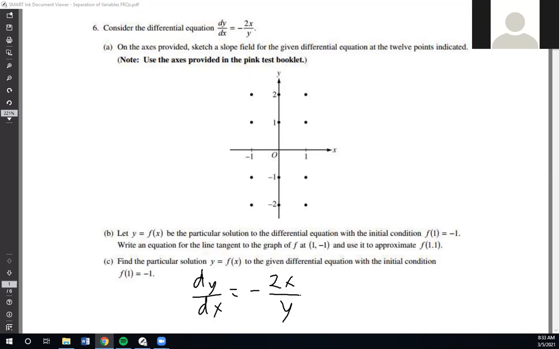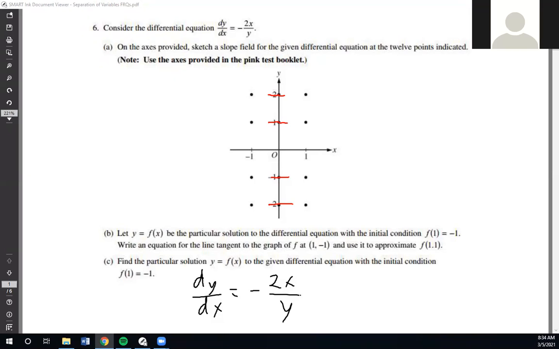When x is 0, as long as y is not 0, then dy dx is going to be 0. So when it's 0, our slopes look like horizontal lines, as long as y is not 0. So any other value for y, dy dx is going to be 0.